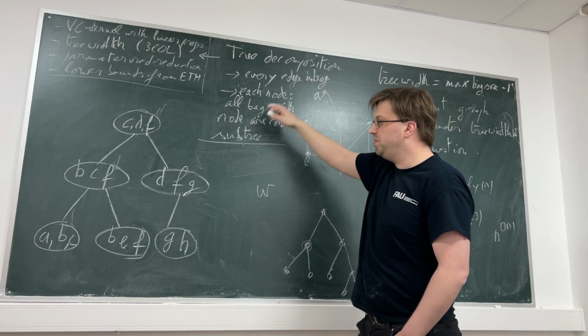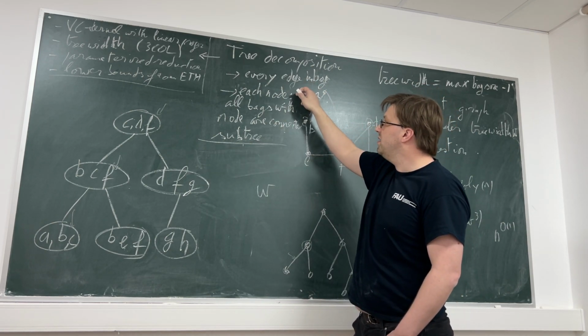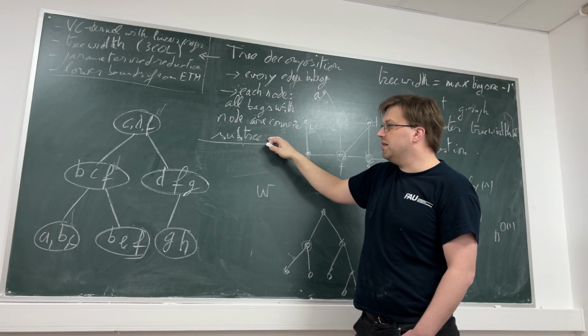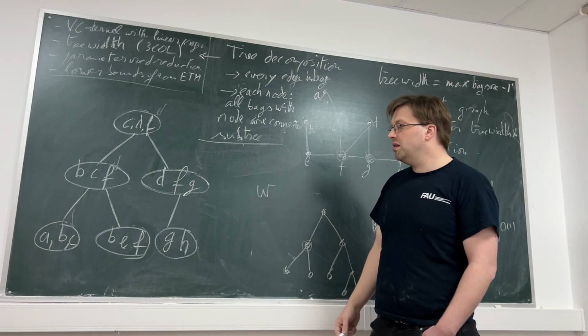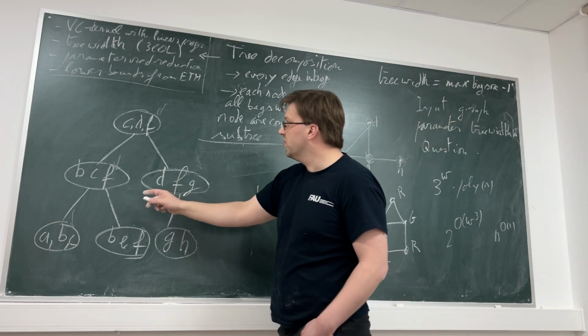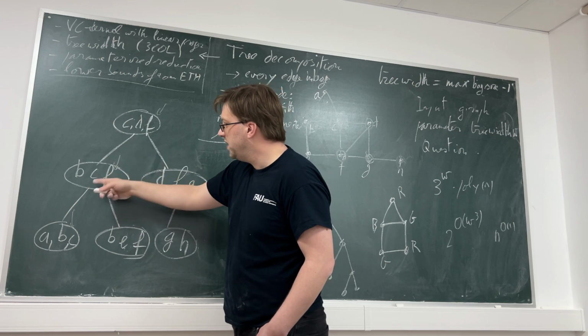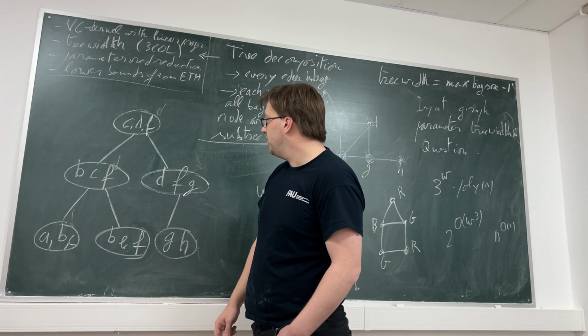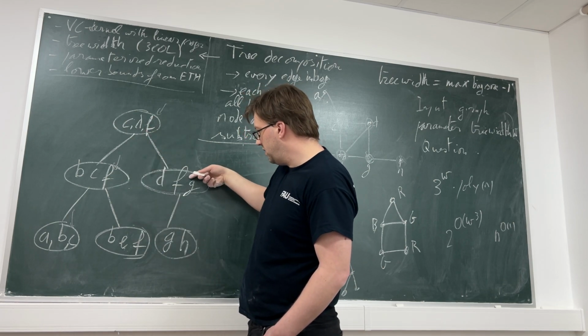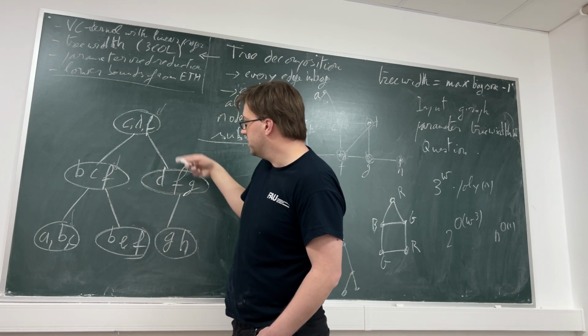Two assumptions. So every edge appears in some bag, and then for each node, we get a connected subtree. For example, the node C, here we have a path of length 3. The node F is here, also a path.